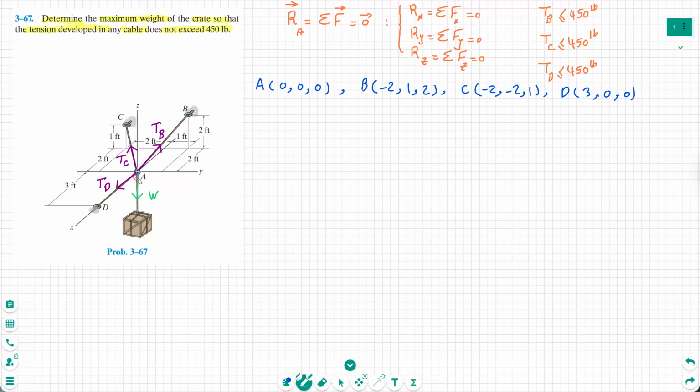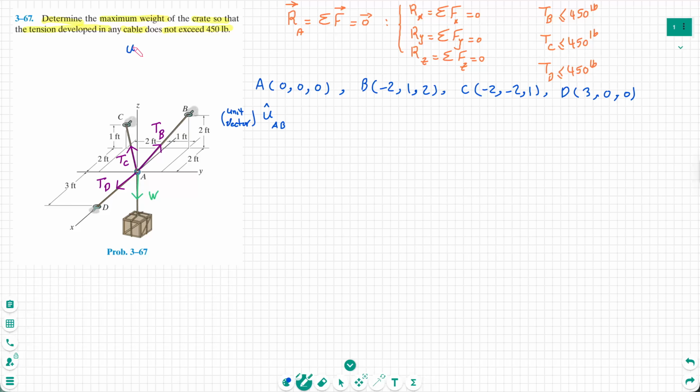After writing them, now I have to calculate the unit vector along each cable. So if I use u hat for the unit vector of AB, u hat means unit vector, and a unit vector is a vector that has the length of 1.